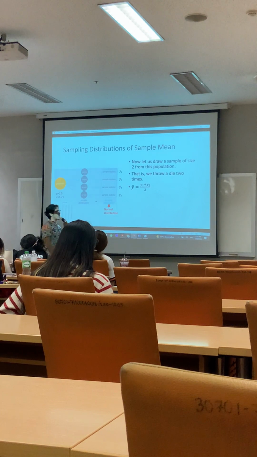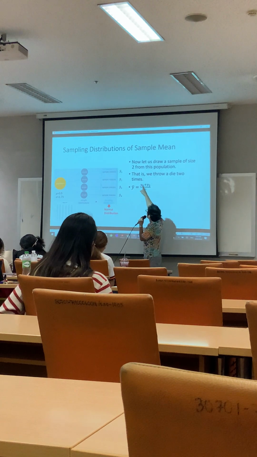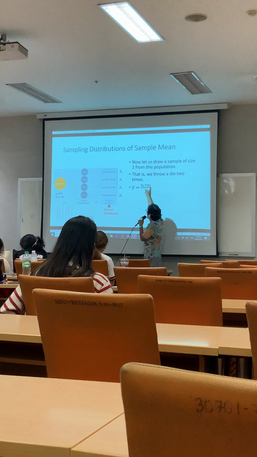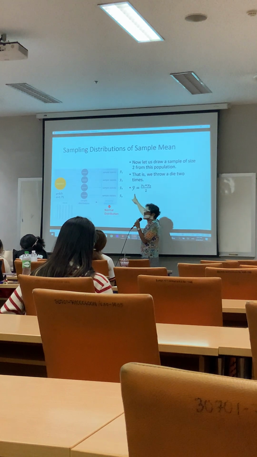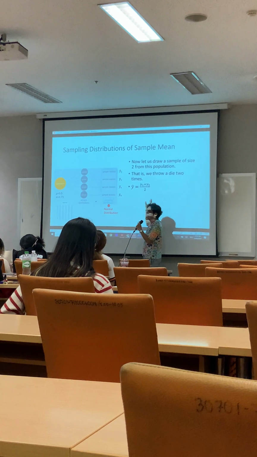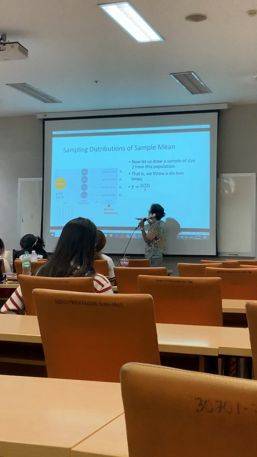So basically what I do is roll a dice 2 times, get my values y1 and y2, and then to calculate the sample mean, I add them together and divide by 2, and that will be my sample mean. I'm going to keep doing this another 100,000 times, keep a record of my y bar, and then plot my y bar for you.